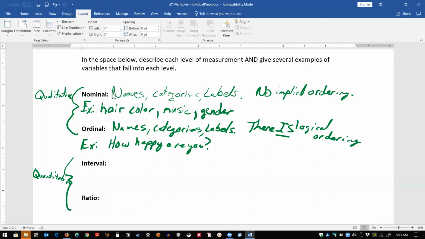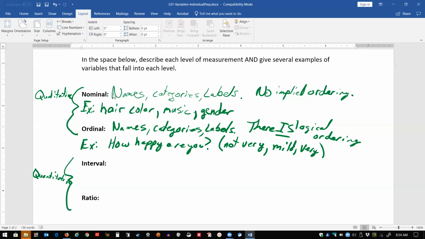So if that's what we're collecting data on, and your options are not very happy, mildly happy, or very happy, there is a logical ordering to that, right? We can order them from the least to the most.